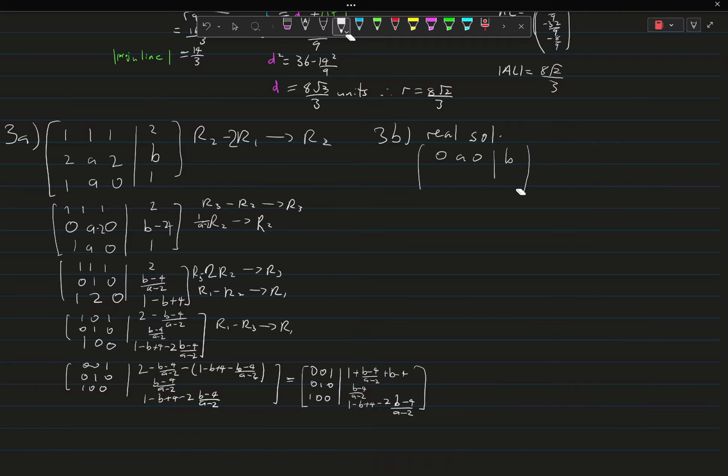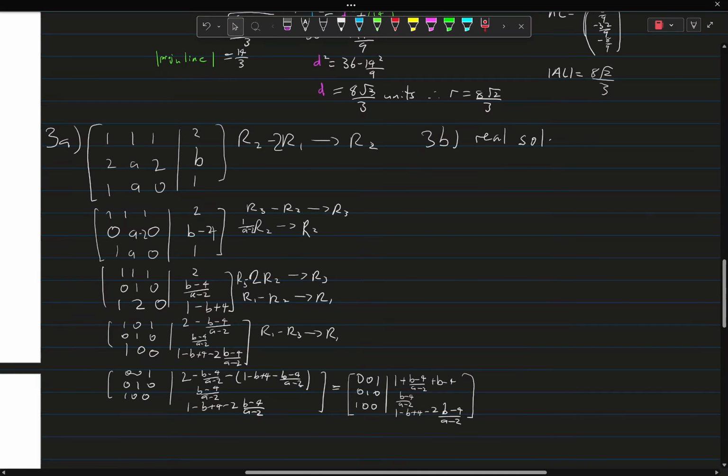Yeah, you're right. What we can't have is 0, 0, 0, 0 or 0, 0, 0, A. Yeah, exactly. So we need to somehow find A and B so that there's a real solution.